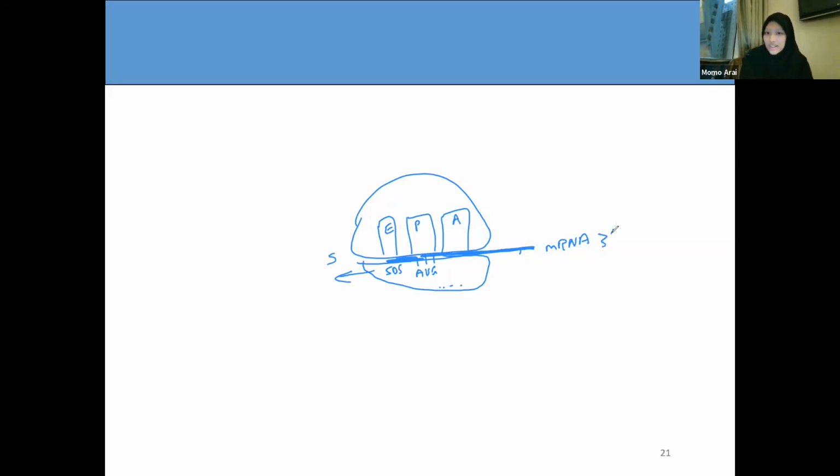Now, the first tRNA, again, I'll keep repeating this, for AUG comes on the P site. So this is where the anticodon is for AUG. This is the first amino acid, which is methionine. The second, and all of the tRNAs that come after it, come to A, because now A is where everything else comes first.